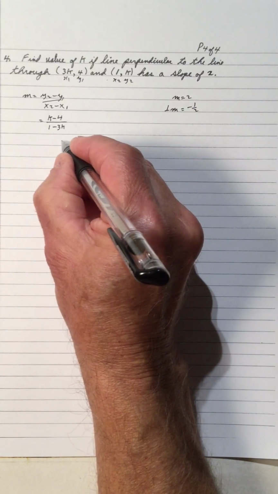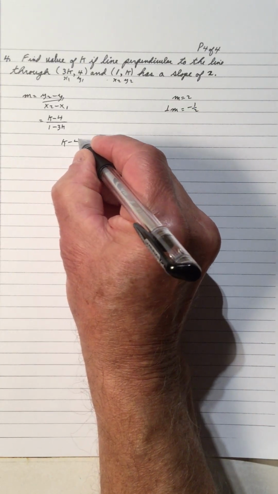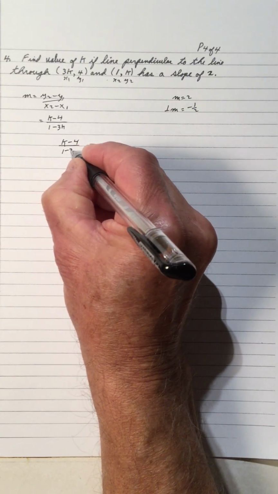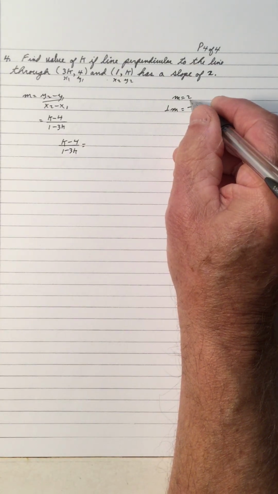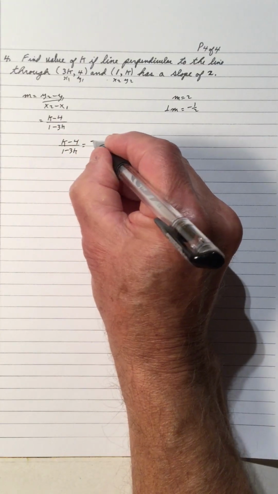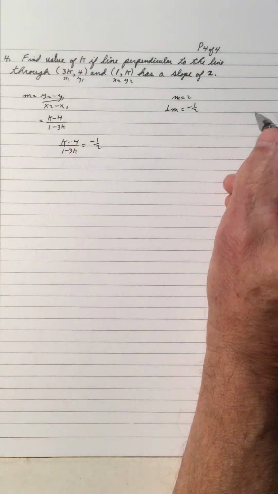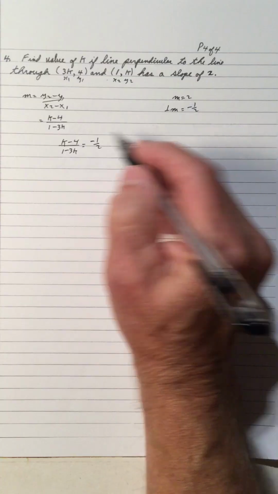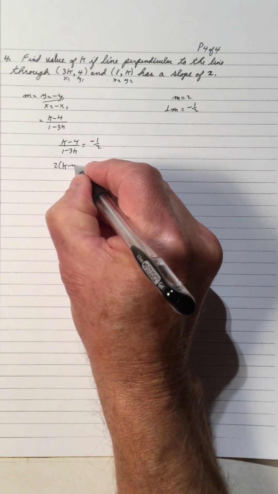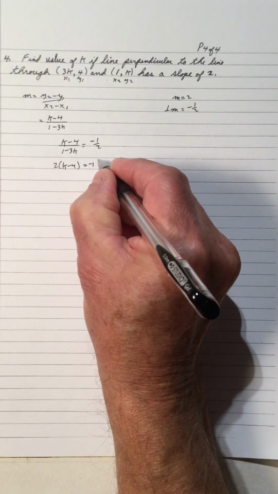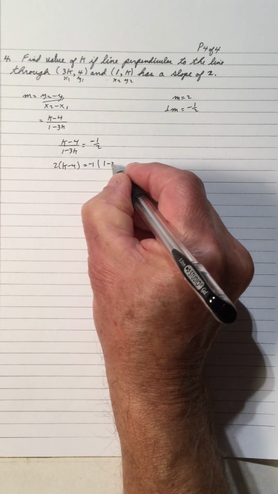So k minus 4 over 1 minus 3k is negative 1/2, because they're perpendicular to each other. So let's solve this out. 2 times k minus 4 equals negative 1 times 1 minus 3k.